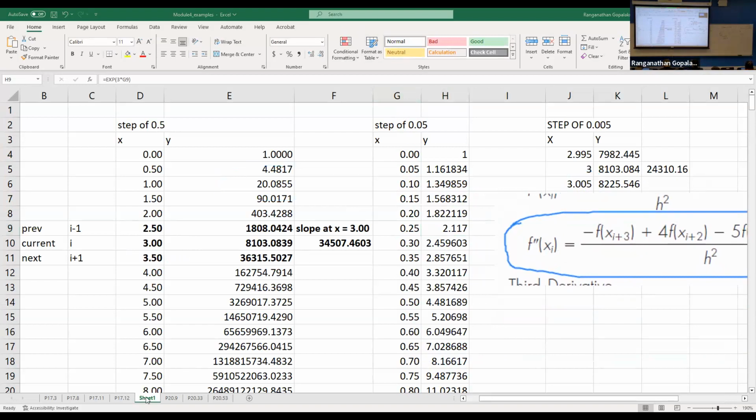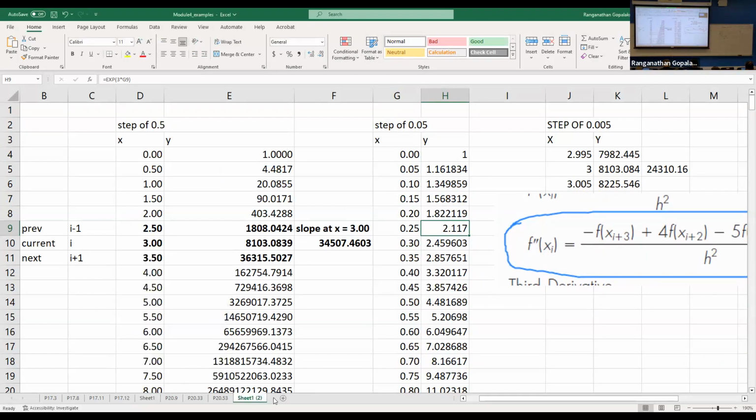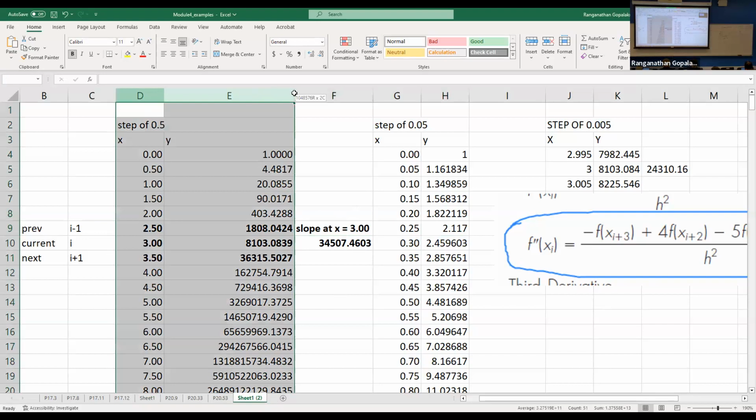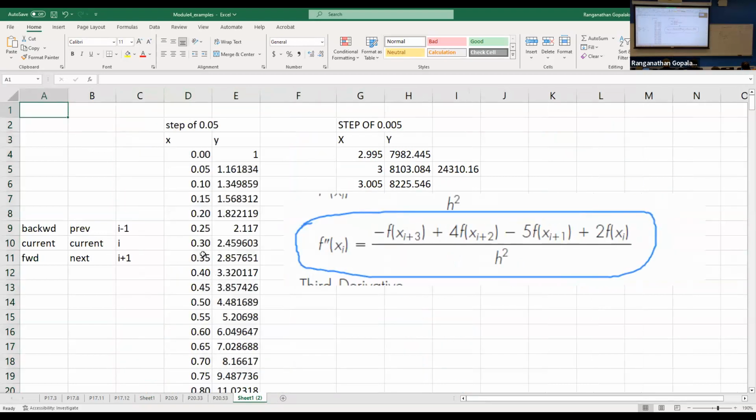Actually let me duplicate this sheet because later I want to post this. I don't want all my slope values in delta x equal to 0.5. That is all ancient history now. I'm just going to keep this table.